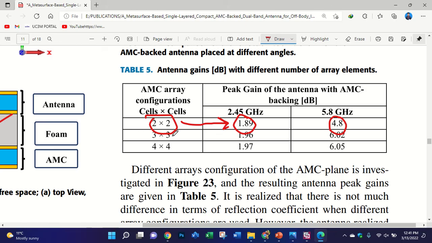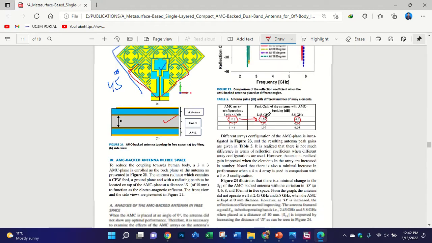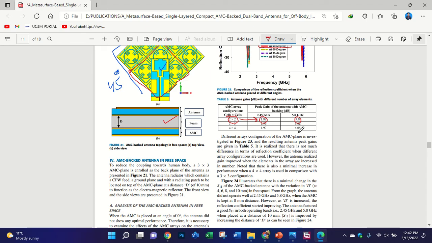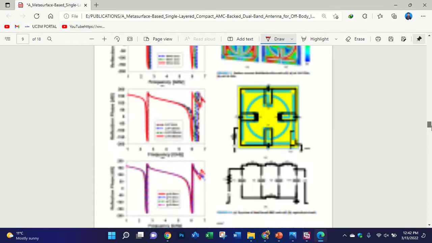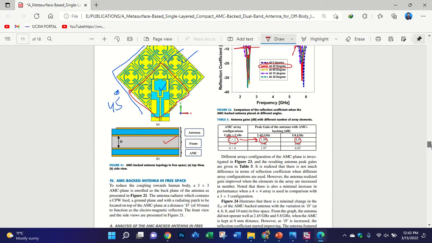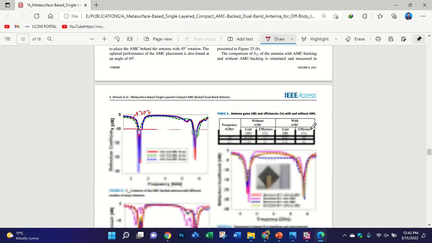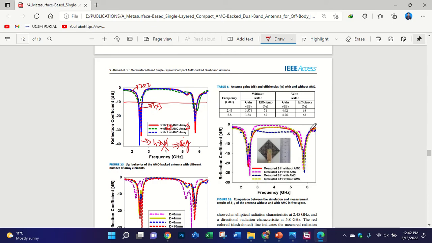And with this, there is almost not a big difference. Wait a minute, what happened to this one? I uploaded the same paper, I don't know why. I updated the table, but I don't know why.